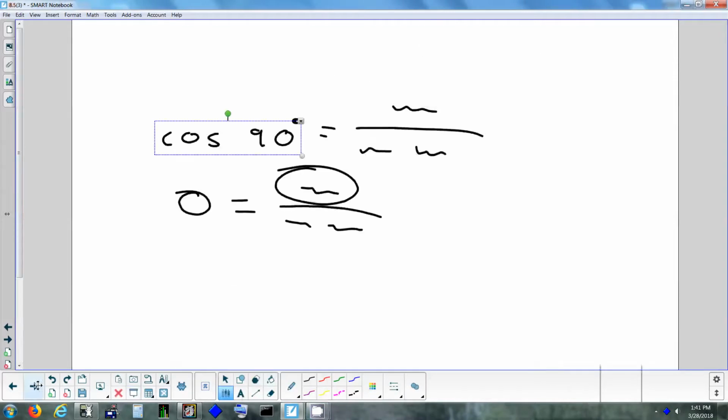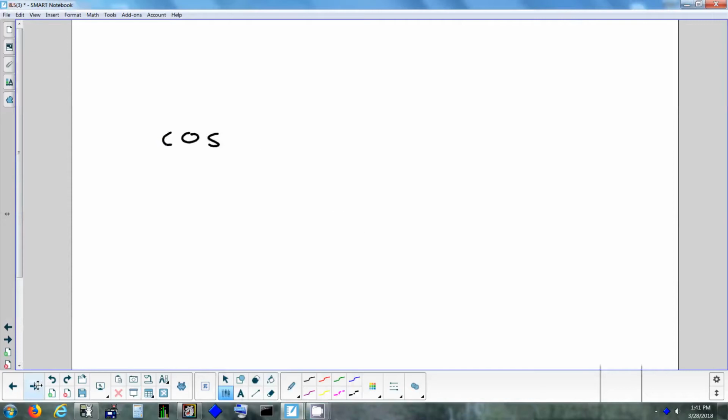So let's do the same thing we just did. Let's force the angle to be 0 and see what happens to the right-hand side. So if these vectors were parallel, one possibility is the angle is 0. The cosine of 0 is 1.